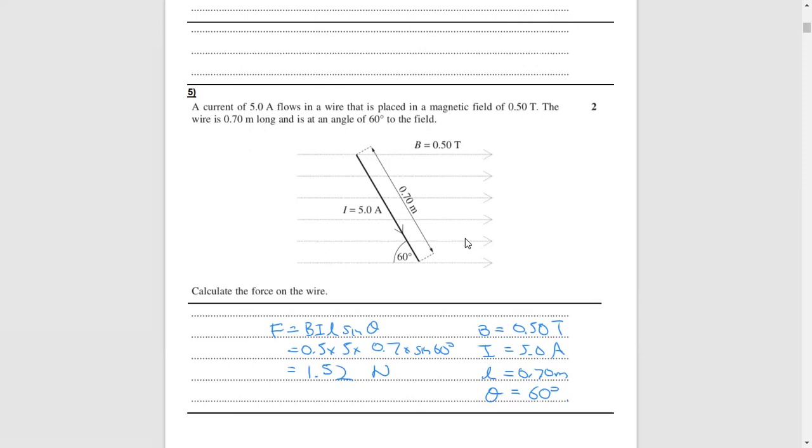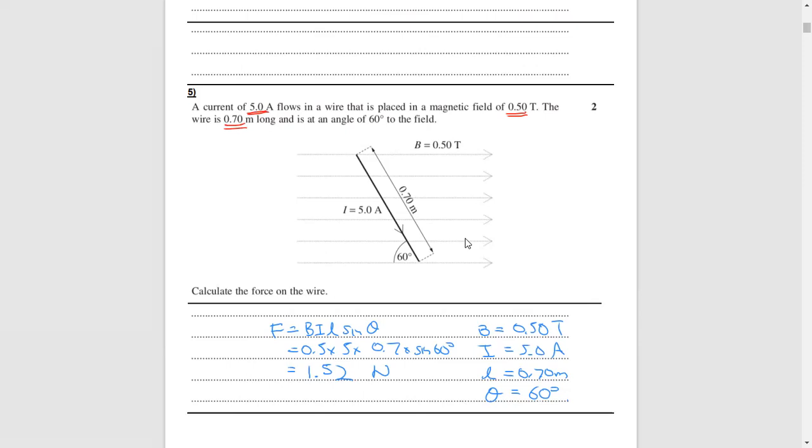So we won't do much more than that. But we should probably also note, of course, that when you have your question, you should also pay attention to significant figures. So you've got 5.0 amps, you've got 2 significant figures here, 2 significant figures here, and so all the numbers that they're giving you are in 2 significant figures.